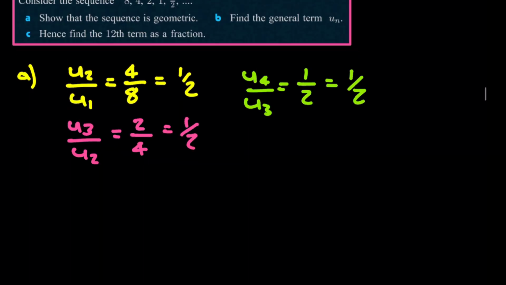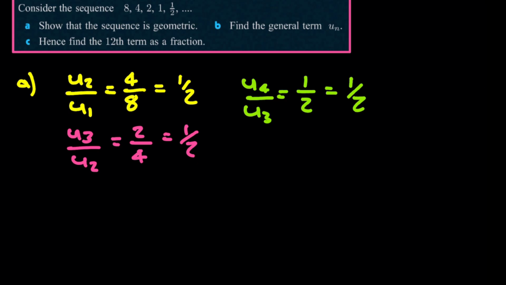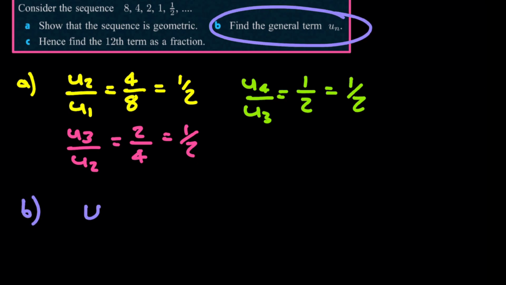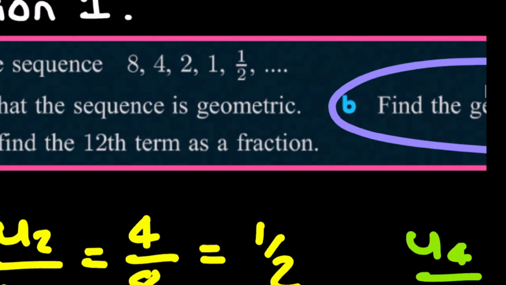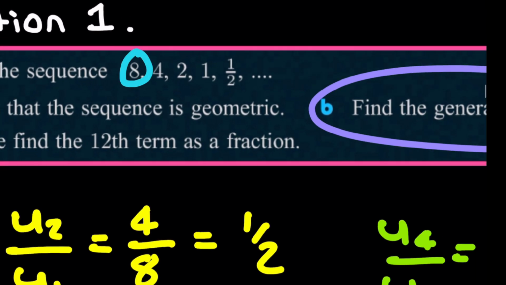Now it says find the general term un, right? So this means then that the general term, as we saw in the previous slide, will always start with u1, and it will be the common ratio r, but always to the n minus 1. So let's go ahead and plug in what we do know. We know that the first term of the sequence is this term here, which is 8.